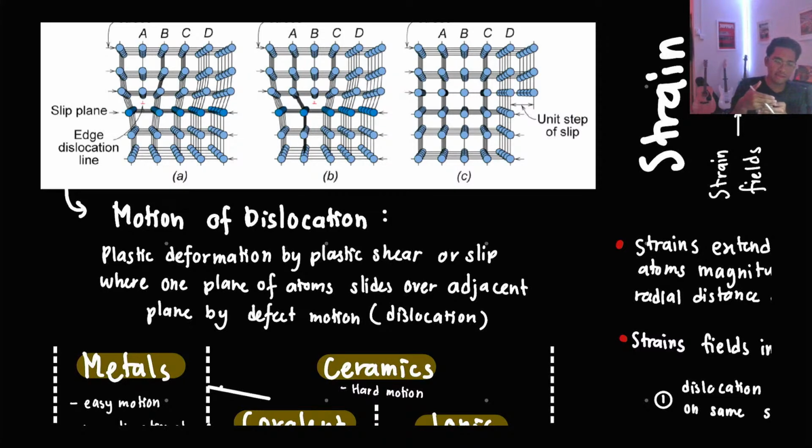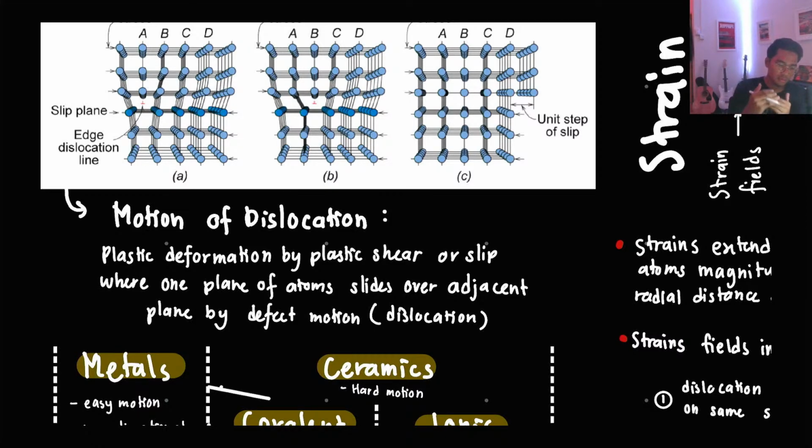So when stress is applied, that dislocation moves. What causes that movement is the shear stress. So if the atom's bond breaks, it is plastically deformed. But if it is elastically deformed, the bonds would just not move at all.